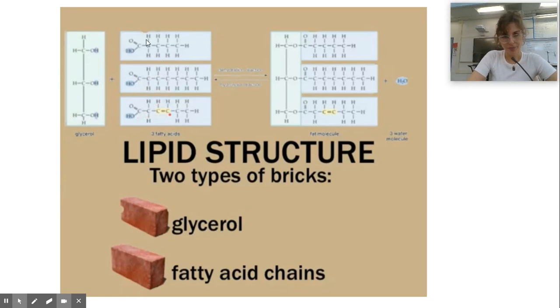Okay, so for us to bond these fatty acids to our glycerol, we need to undergo a dehydration reaction, dehydration synthesis. And so we see here they're not bonded together yet. They're going to undergo a dehydration reaction. You'll see they'll lose 1 molecule of water for each bond they make.